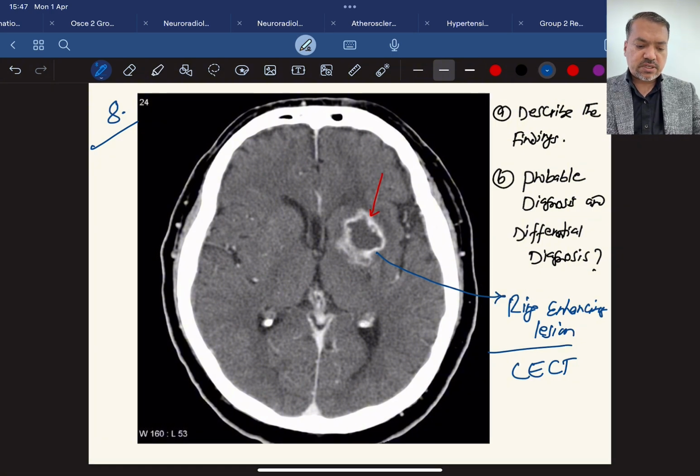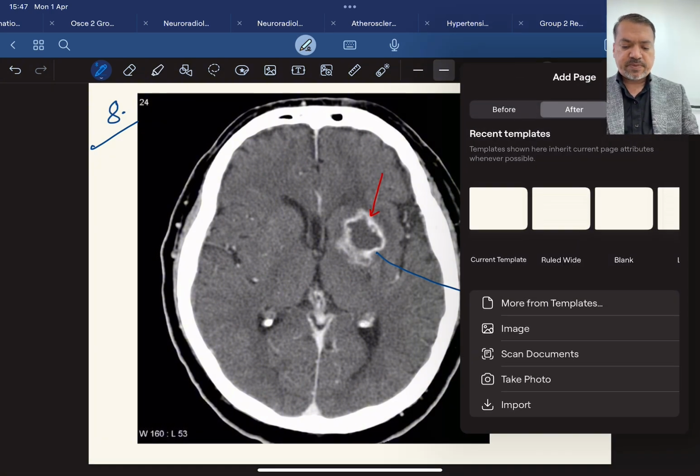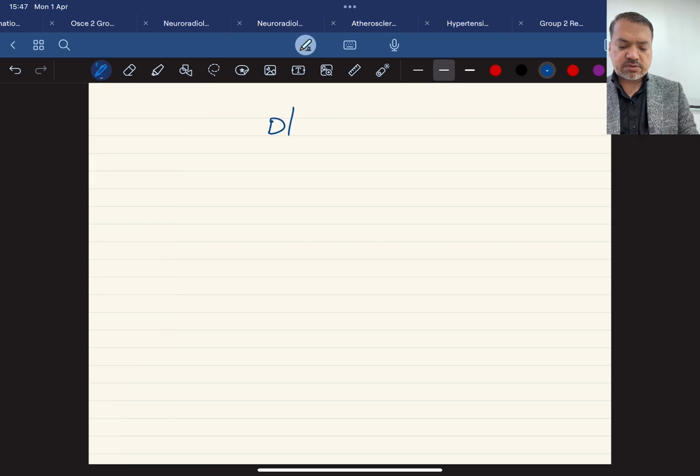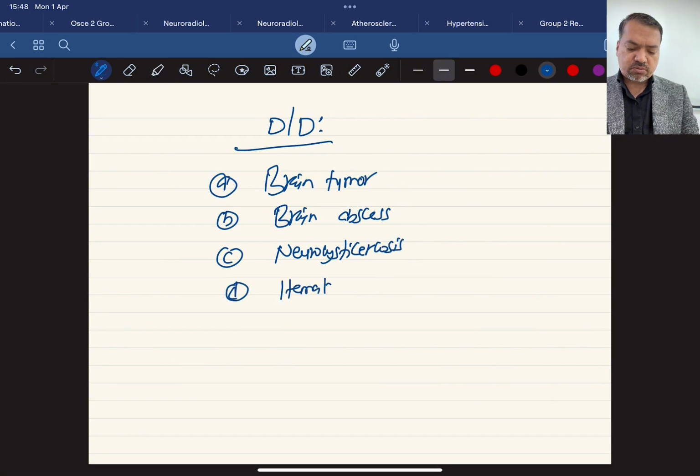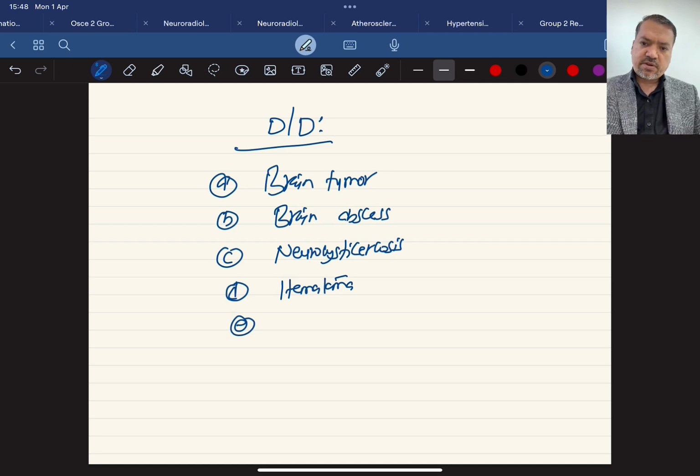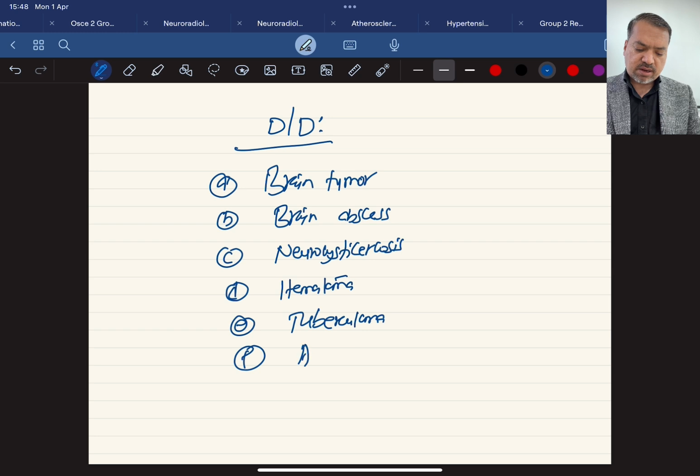The differential diagnosis of a ring enhancing lesion would be: one, brain tumor; second, brain abscess; third, neurocysticercosis; fourth, hematoma; and fifth, some other conditions which can result in a mass lesion inside the brain, like tuberculoma, and another may be AV malformation.